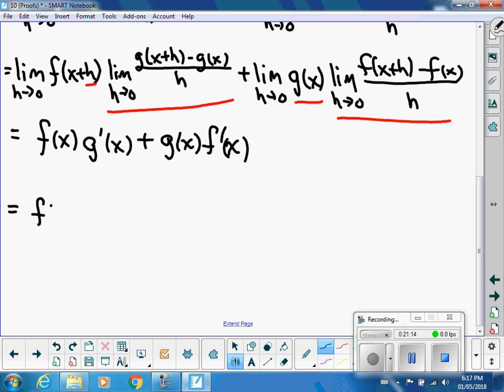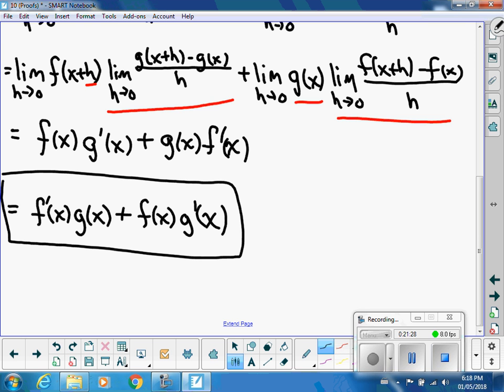So if I rearrange the terms, we get the rule that we learned yesterday. Proven. So that's why the product rule turns out that way.